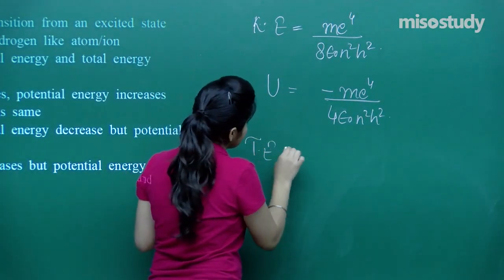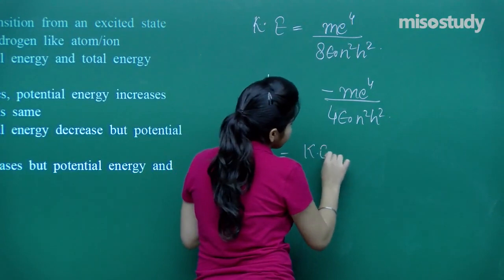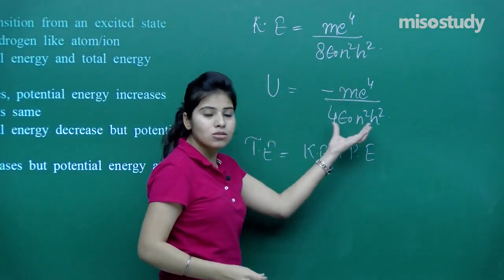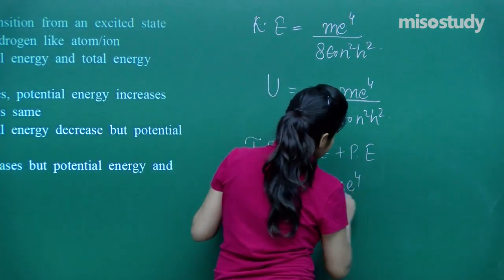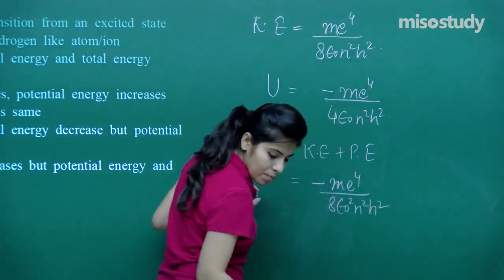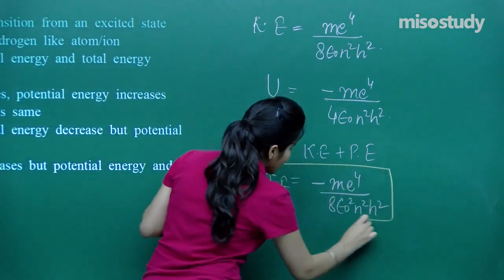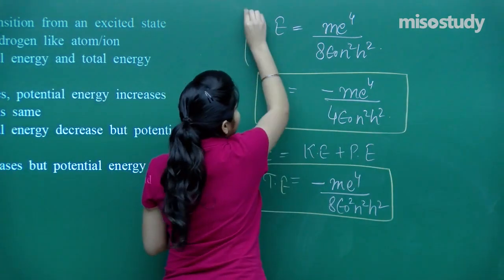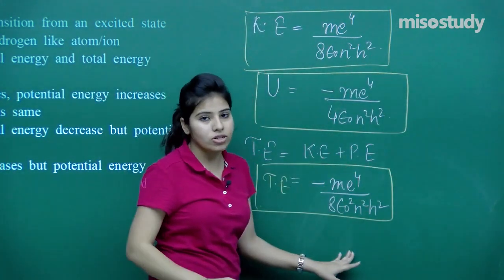Total energy, you need not remind this formula, you can find it out: kinetic energy plus potential energy. If you add these two equations, then you will be having minus, this will be the relation for total energy. Now you are having three formulas before you: the formula for kinetic energy, potential energy and total energy.